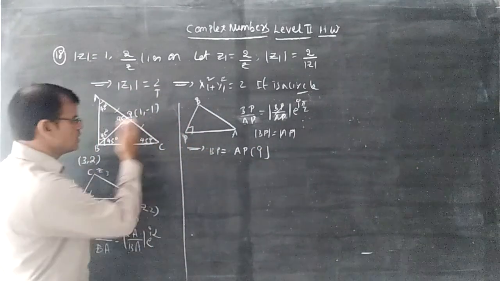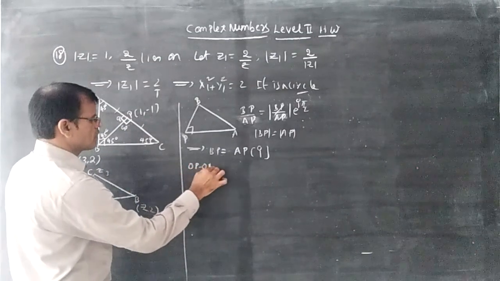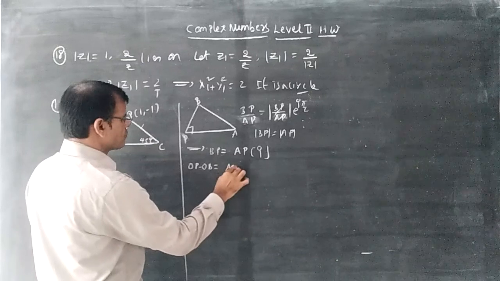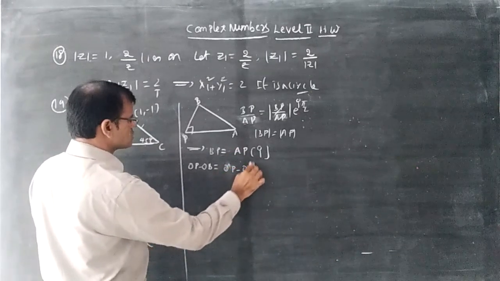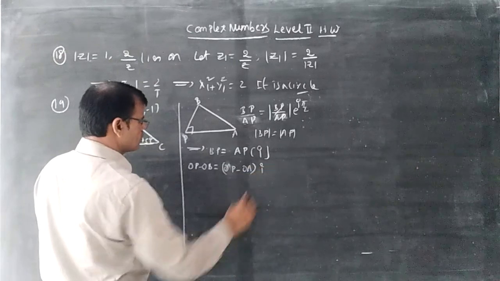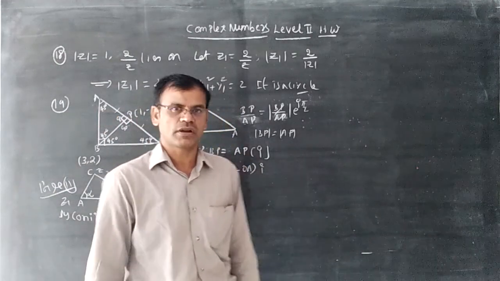So BP, according to the position vector concept, you take like this: OP minus OB. BP meaning OP minus OA into i. This is not i bar, this is i, iota, the imaginary number.